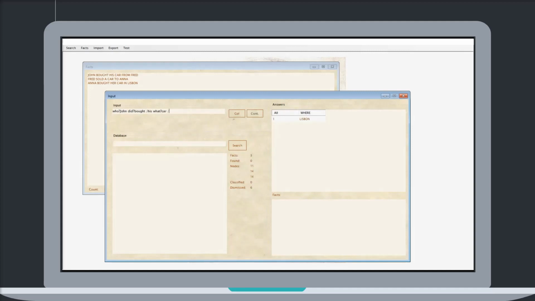Now, I added the last piece of information, which is more specific to answer the question, and that states clearly that John bought his car in Boston. So now the answer should be different.